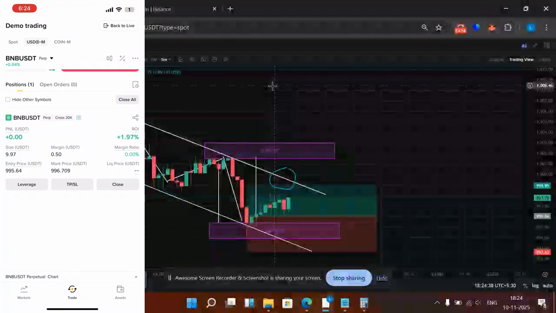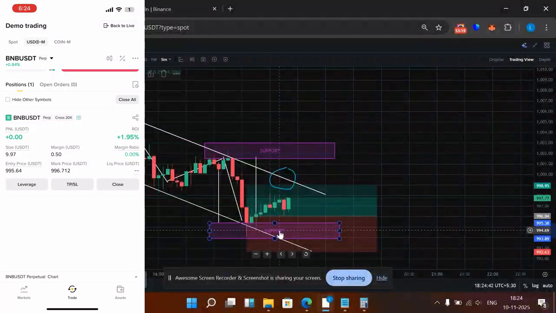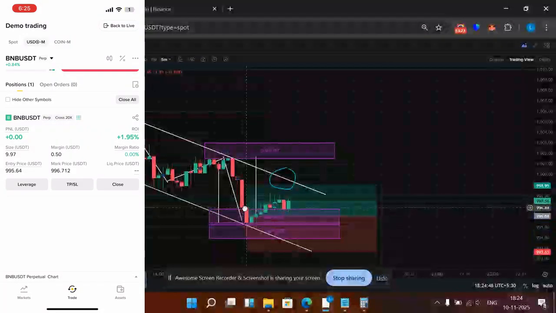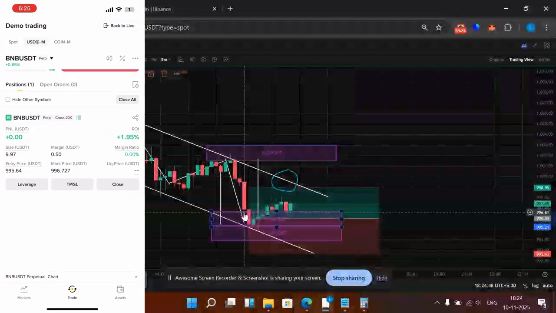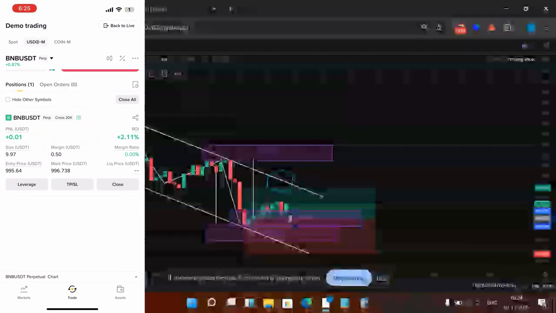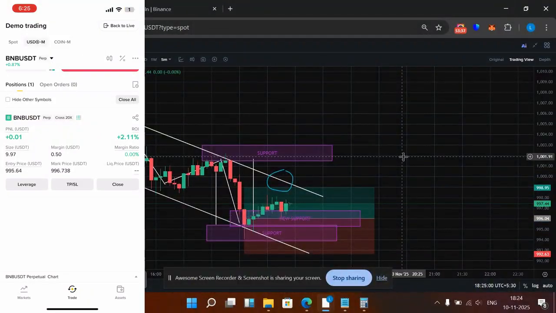Okay, it's going up. A new support level has been formed there. It's formed already. This is the new support. New support. Perfect.